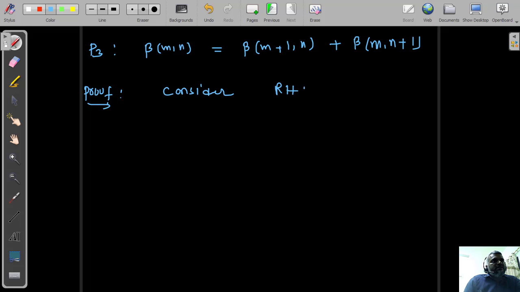My right hand side has two terms: beta of m plus 1 comma n, again we have beta of m comma n plus 1.